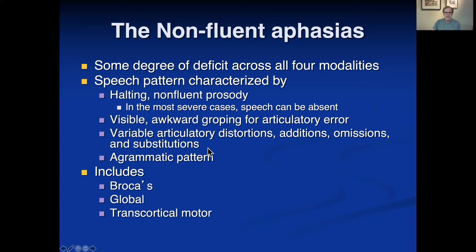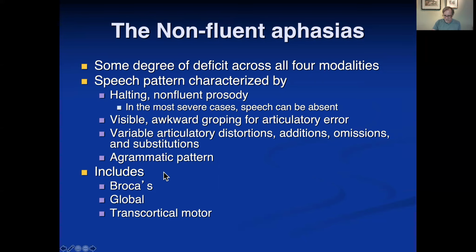Those who can speak, and some cannot, will show reduction in grammar. They just don't have the inflectional endings in words. They don't have prepositions. They'll tend to be sort of telegraphic, where, if they're functional at all, they may have the noun and the verb in a sentence, or the noun, the verb, and the object, but none of the filler words that give additional meaning.